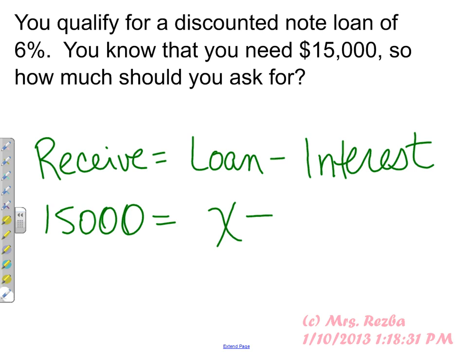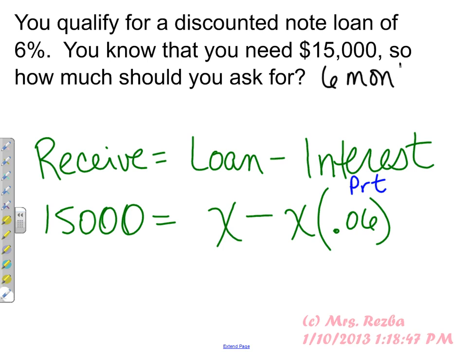Well, the interest, our interest formula, PRT, our principal X, we do not know. Our rate, we do know, 6%, so 0.06. Our time, I did not put in the problem, so let's just say that it's a 6-month loan. Our time would be then 6 months out of 12, so 6/12.